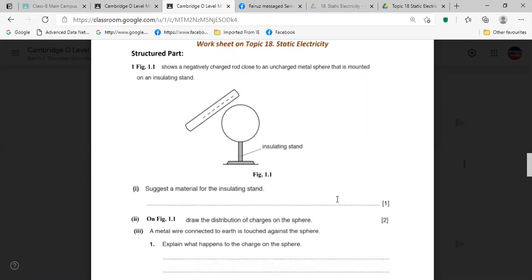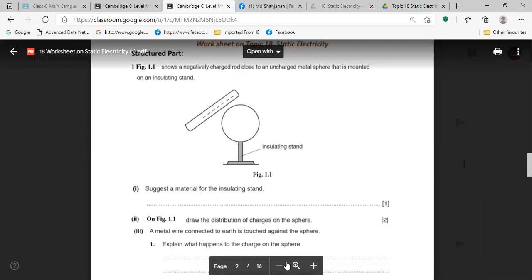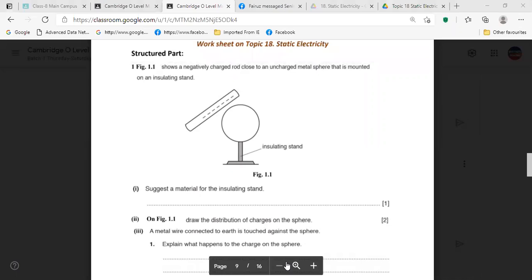On figure 1.1, draw the distribution of charges on the sphere. Okay, can you do it? Can you show it if I give you the permission? I'll try to annotate.